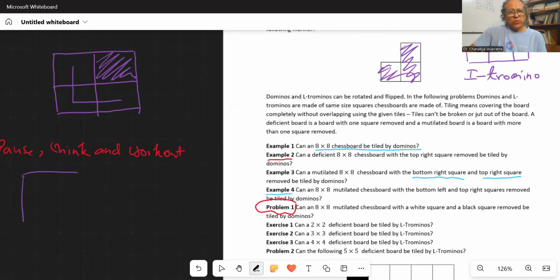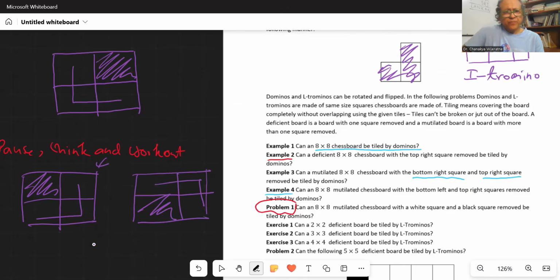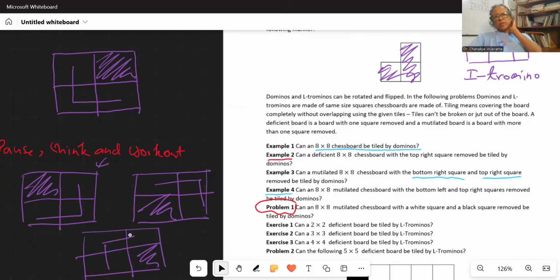Then we can remove this square, and here we can tile because these tiles can be rotated or flipped. So this deficient board can be tiled, and what about this one? That also can be tiled. And what about this one? This one can be tiled. So that's easy.